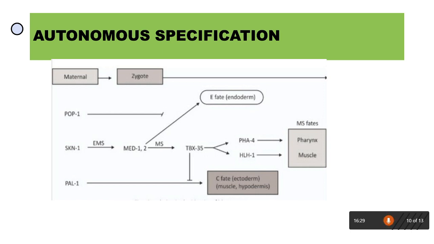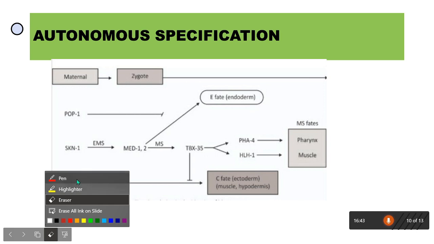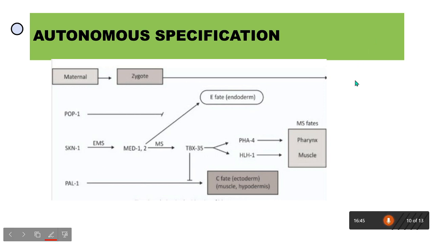What signal it receives from the neighboring cells determines what its fate will be. Who is carrying out the autonomous specification? It is carried out by the P1 cell.